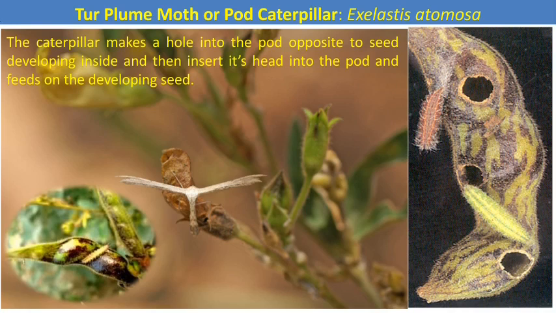The caterpillar makes holes into the pod opposite to the developing seed, then inserts its head into the pod and feeds on the developing seeds. It means this is also a pod feeding pest. The caterpillar feeds on the developing grains, the grain becomes unfit for human consumption and the pod becomes shriveled.